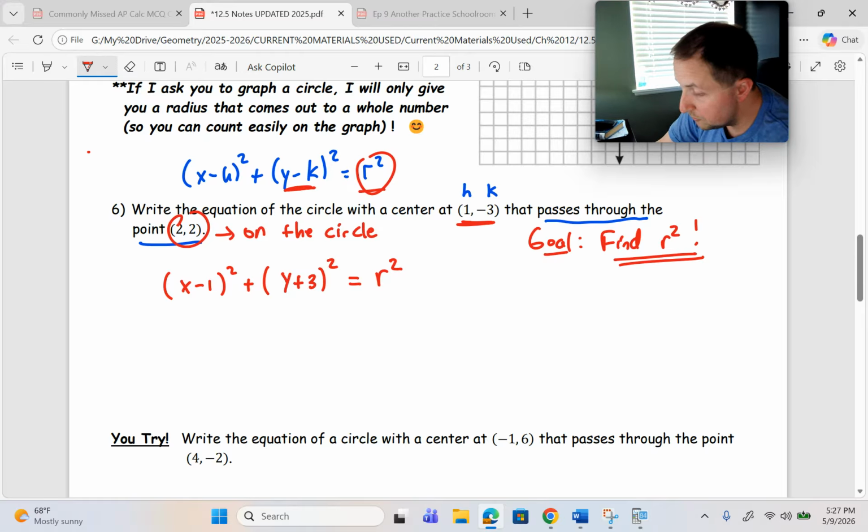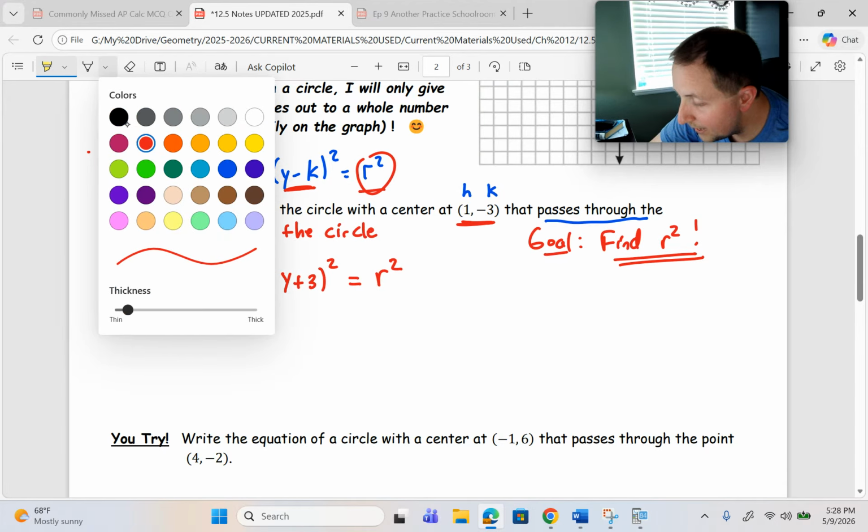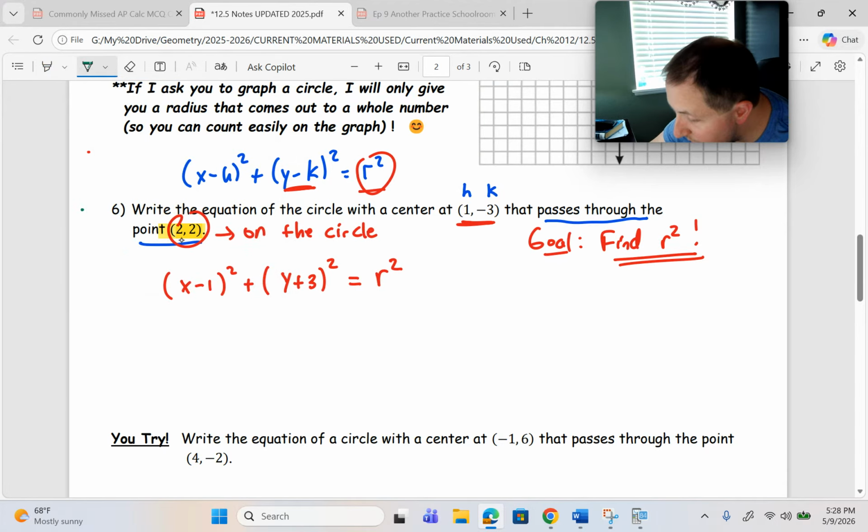Okay, well, what do I do from here? Well, I still haven't used the 2, 2. This is the point that's on the circle. I'm going to highlight that. So remember, that's your x and y. So in for x, I'm going to plug in 2, and in for y, I'm going to plug in 2.